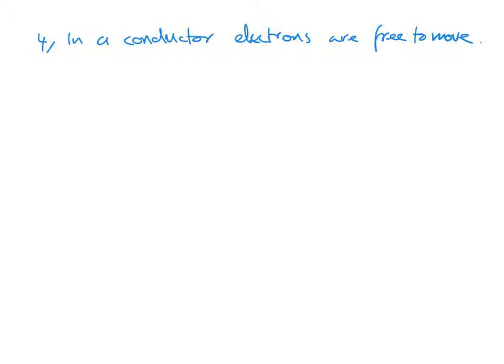Okay, learning outcome 4. In a conductor, electrons are free to move. That's what we mean by a conductor.